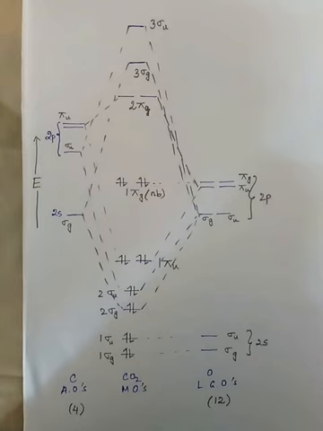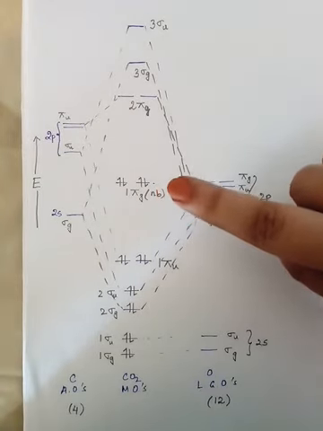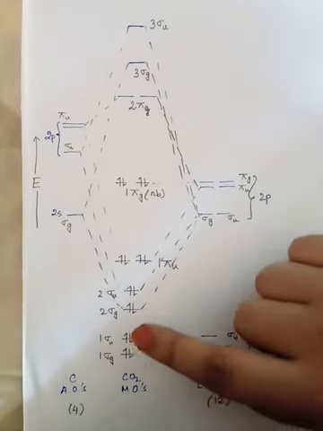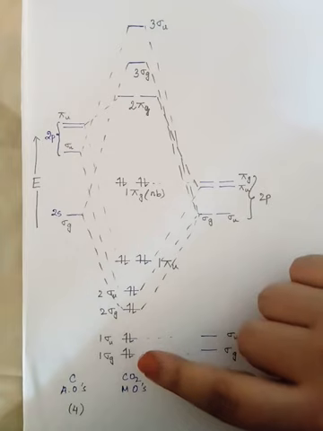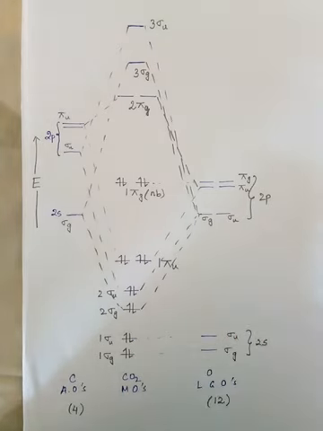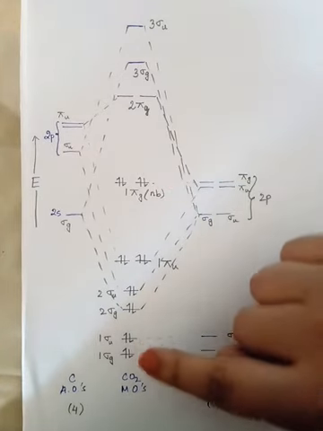Also, this 1 pi g, which is a non-bonding orbital, stays as lone pairs on the oxygen, and these two also remain as lone pairs on the oxygen. If you draw the valence bond structure of carbon dioxide, you will see that there is a carbon in the center and 2 oxygens on the 2 sides, and each oxygen has 2 lone pairs. So basically the 4 total lone pairs can be explained by these electrons.